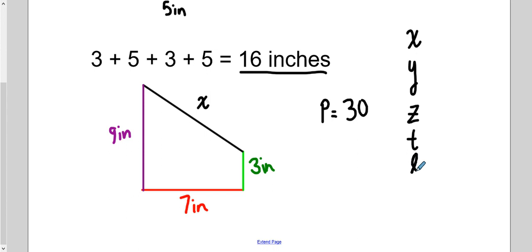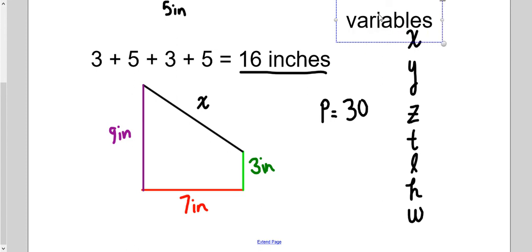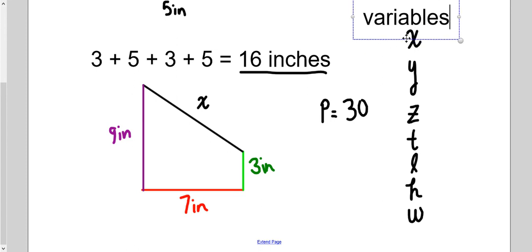A cursive L for length, and h for height. And then sometimes even we'll use a W. So these are common variables. And like I said, a variable could be any shape or number, but typically these are the variables that are most common when we are working with algebra.